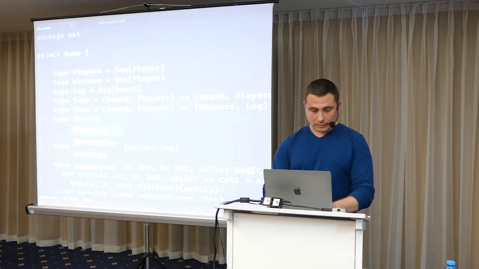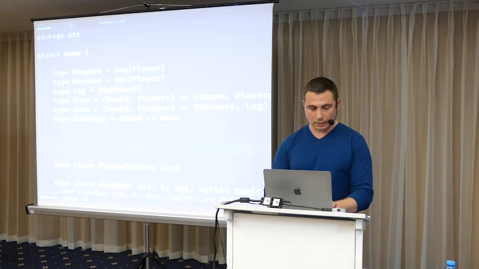Like we said, a strategy is something which takes a board and returns a move. And probably a move is something which has some coordinates on the board and an edge which the player wants to set. So we now have a move, and we can apply it to some board by some player.